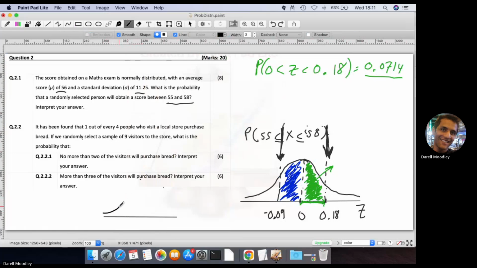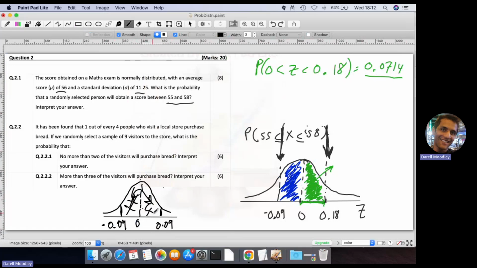If you want the area from 0 to negative 0.09, so you wanted this area here, it would be exactly the same as the area from 0 to positive 0.09. It would be exactly the same because of symmetry. This area and that area are the same.